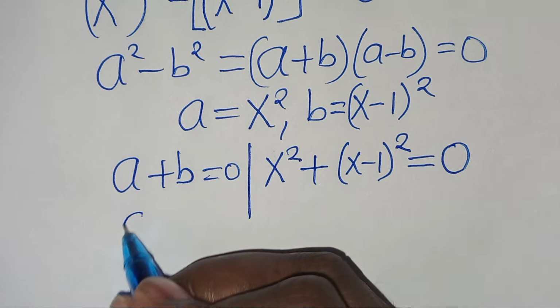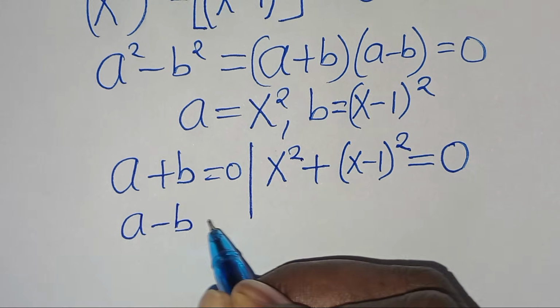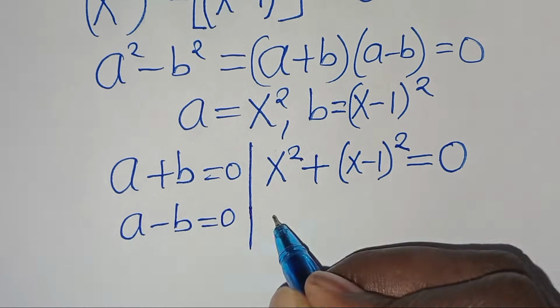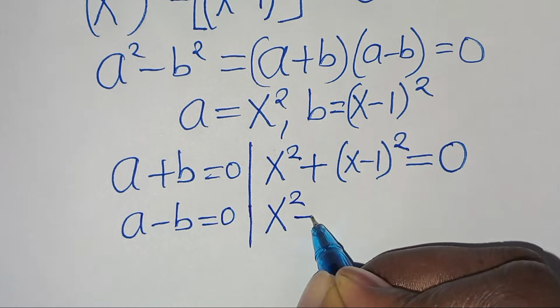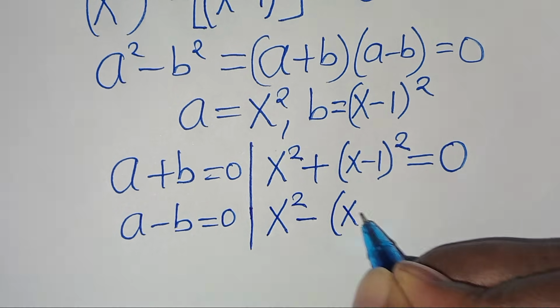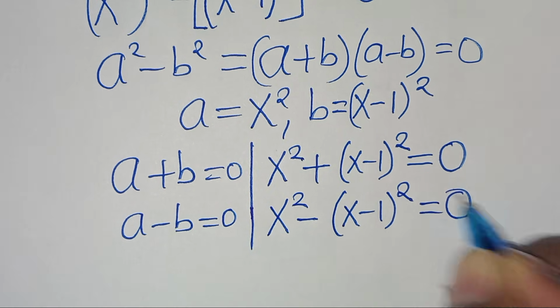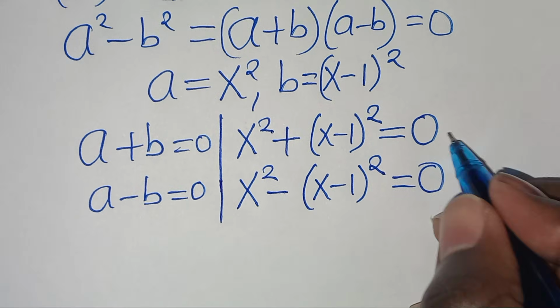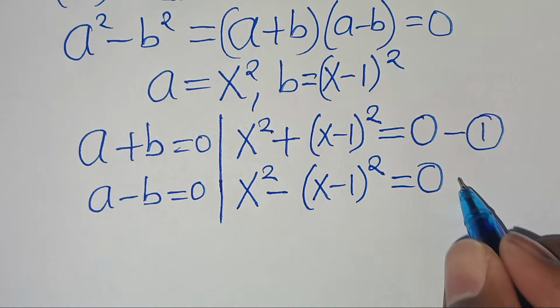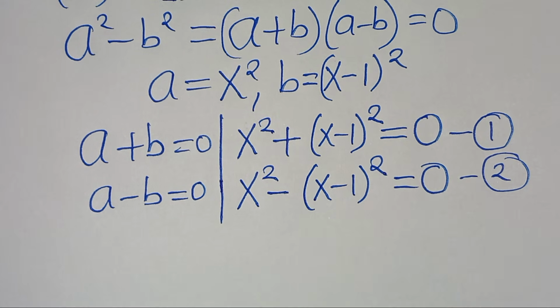And a minus b equal to 0 is the same thing as x squared minus (x minus 1) raised to the power of 2 equal to 0. Let's call this equation 1 and this equation 2.